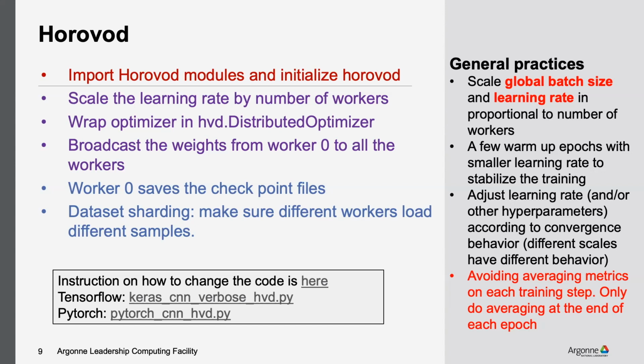Now when you do distributed training, in order to know the loss, you have to add up the loss from all the GPUs. But you don't have to do that at every time step, because each time you add up all the losses, it will introduce communication overhead. So for a lot of metrics like accuracy and loss, just do that at the end of each epoch. Then the communication overhead will be small.